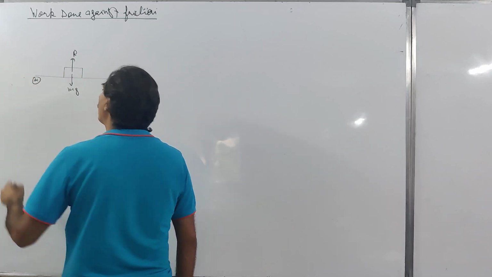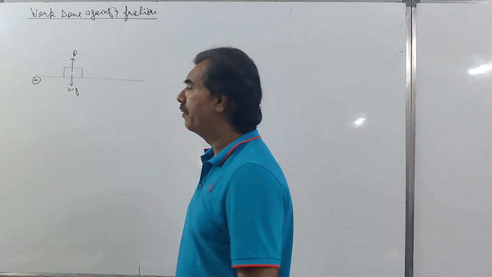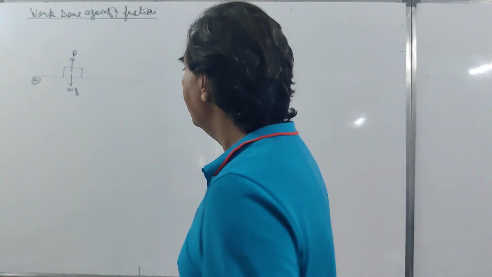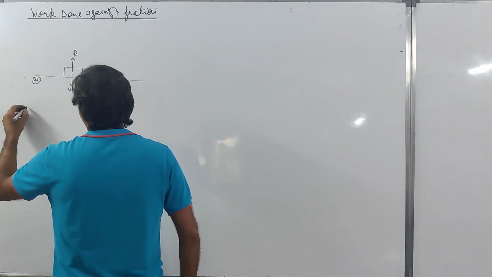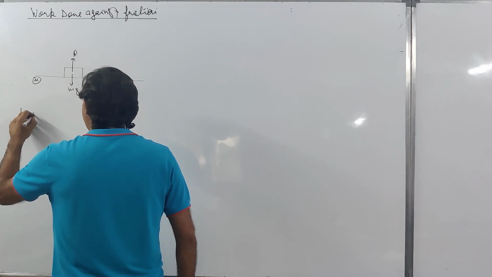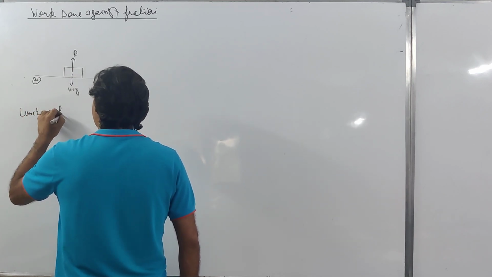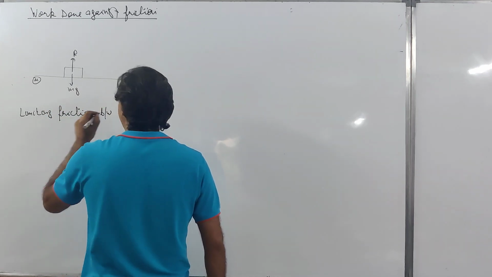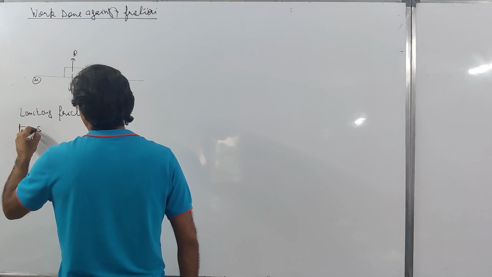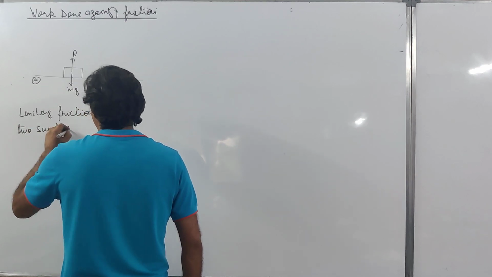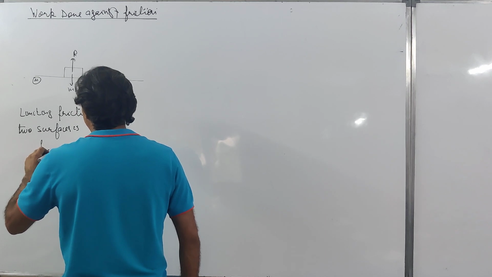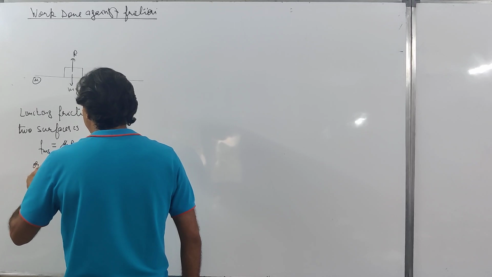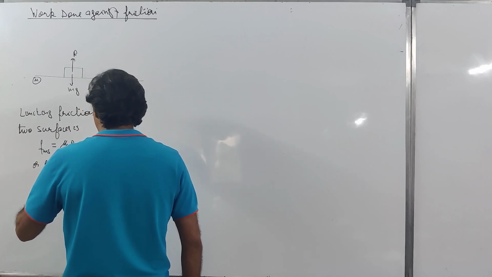Mu is the coefficient of friction between the two surfaces. It is given. Static, kinetic बराबर मानते हैं. सबसे पहले बात होती है limiting friction between the two surfaces is f_ms equal to mu_s into R, or f_ms equal to mu_s into m into g.